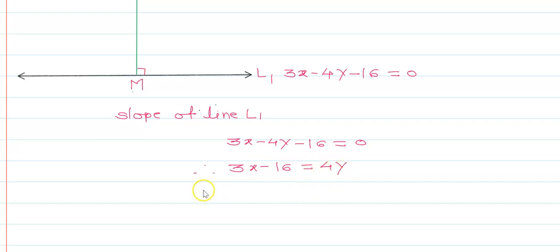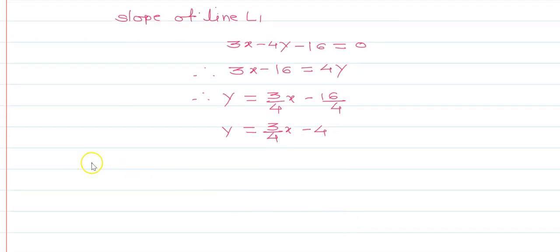Divide both sides by 4. Therefore y = 3/4 x - 16/4, which is 3/4 x - 4. Therefore the slope of L1 is 3/4.